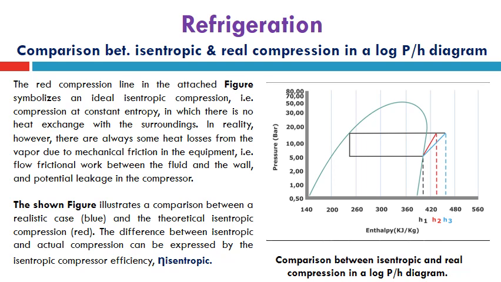The shown figure illustrates a comparison between the realistic case, which is shown in blue line, and the theoretical isentropic compression, which is shown in red line. The difference between isentropic and the actual compression can be expressed by an isentropic compressor efficiency, eta isentropic.